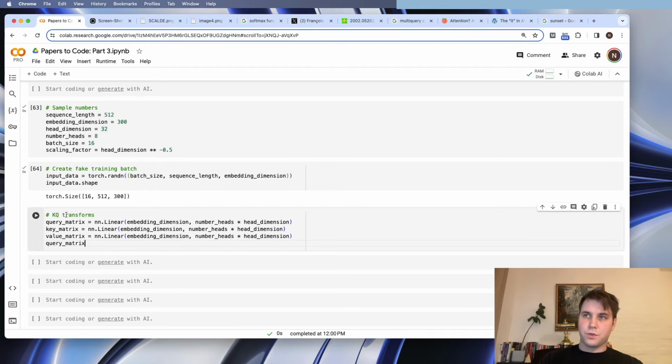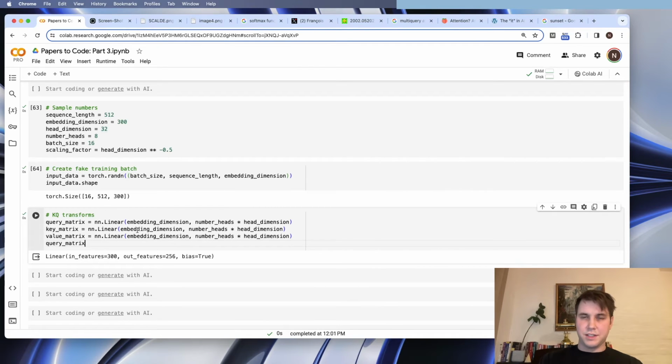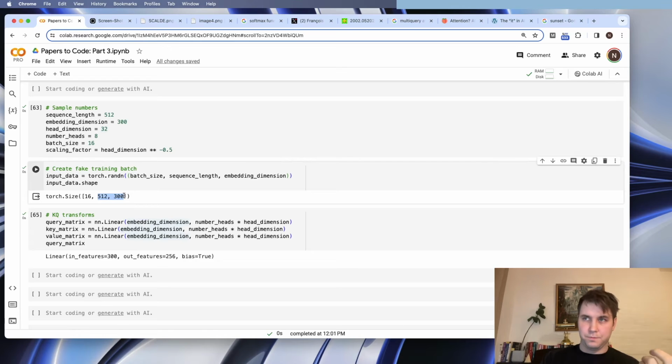Once again, we're going to initialize these, and they're exactly the same. Notice we don't have to put the batch dimension inside. So these linear matrices are 2 dimensions, and they operate on the last 2 dimensions of our input data. So our input data could be a tensor with 10 dimensions, and it will still only operate on these last 2.